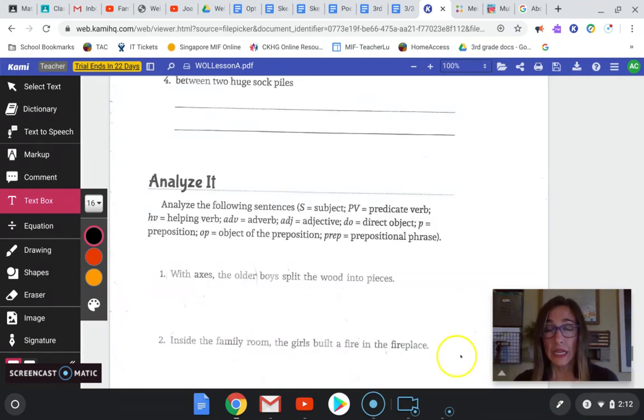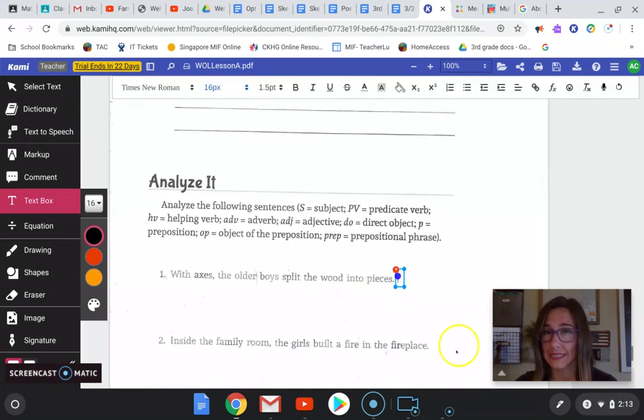Okay? So you will continue to do the rest of these problems saying the choral response out loud and marking the words. Again, I will have a key that you can look at to make sure you marked it correctly. Yes, you must mark the sentence. Okay?